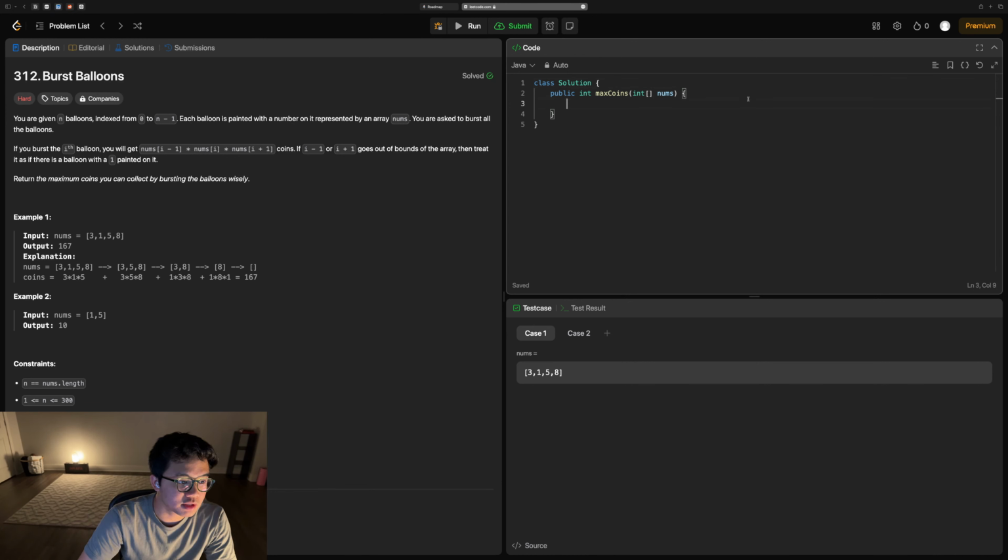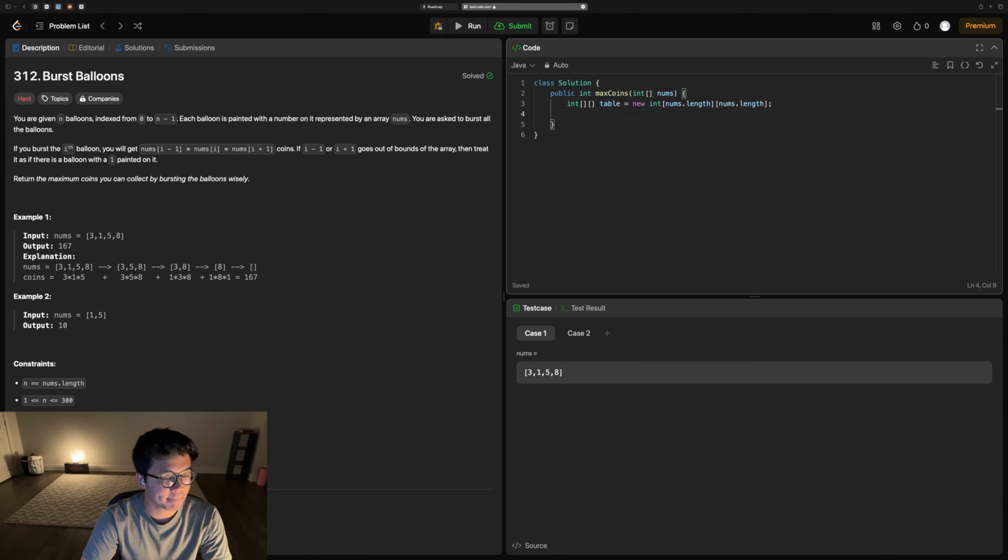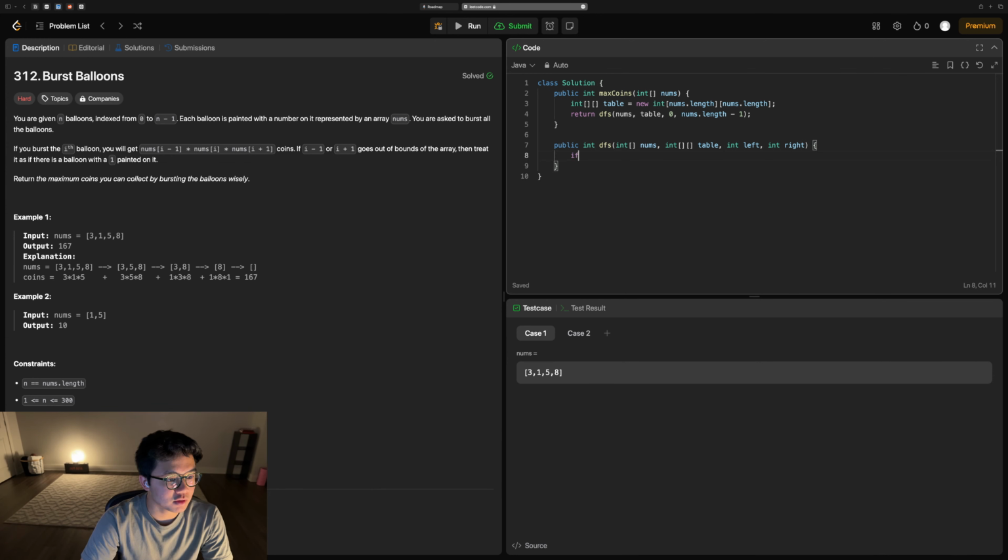Let's rewrite it and see if I can explain it from there. So we're gonna have a table. And then I'm gonna run DFS on nums, table, left and right. So if left is greater than right, we're going to return 0 because there are no more balloons to pop.